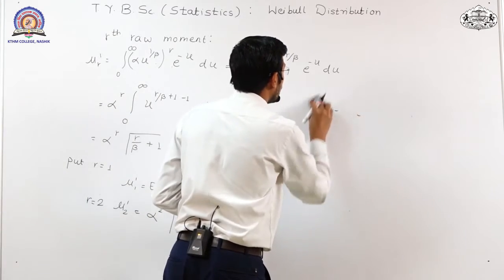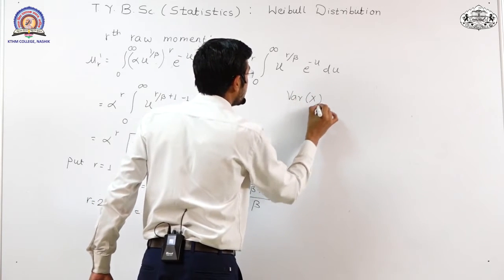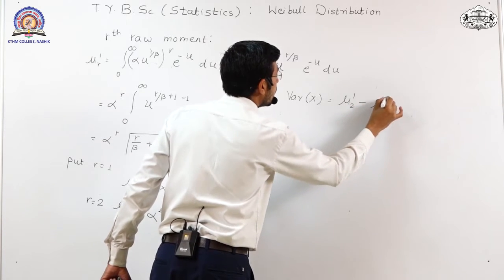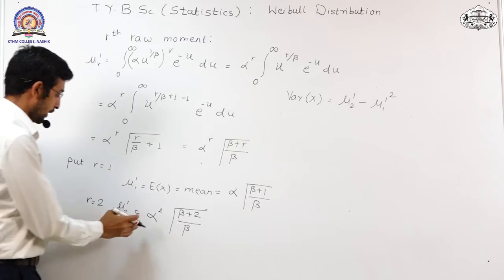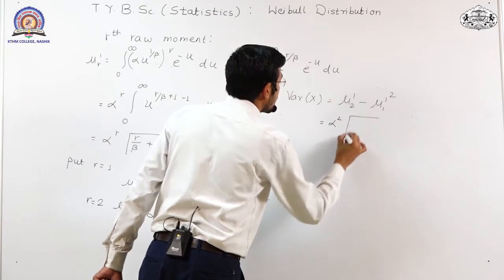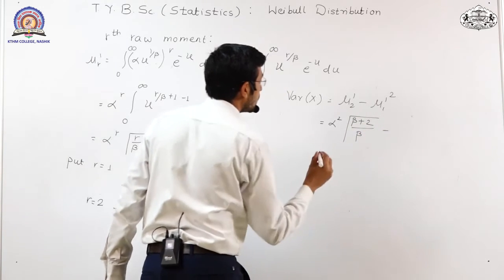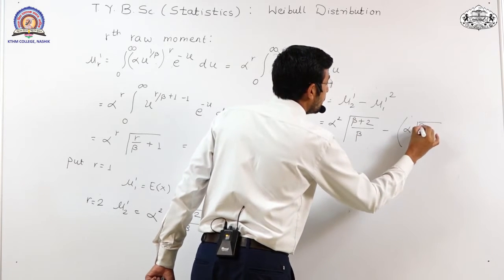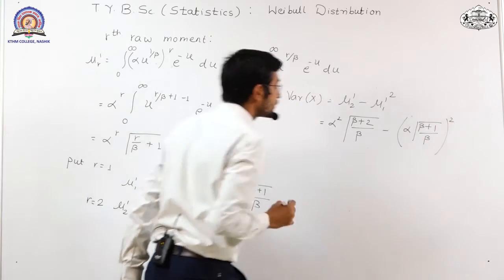The variance of x is equal to mu2 dash minus mu1 dash square. Your mu2 dash is alpha square gamma ((beta plus 2) upon beta) minus, your mu1 dash is alpha into gamma ((beta plus 1) upon beta), bracket squared.